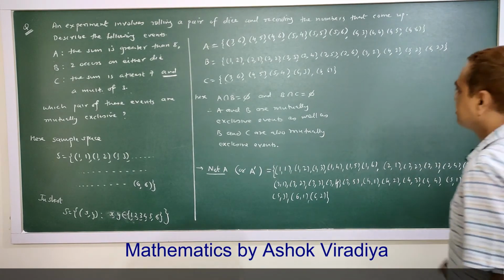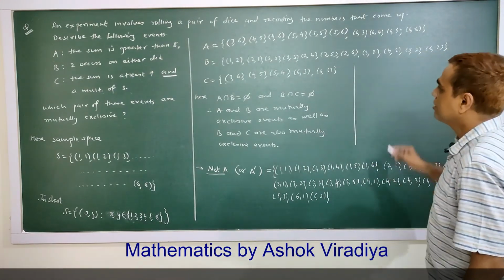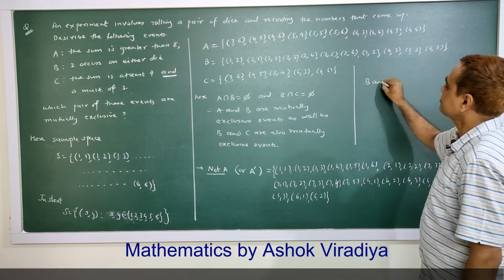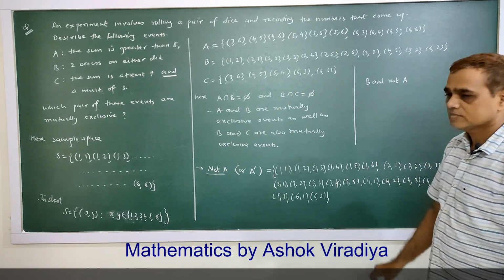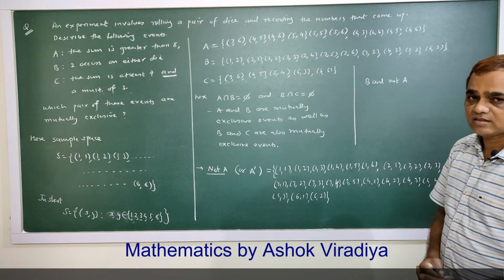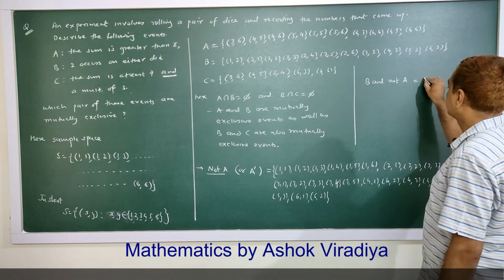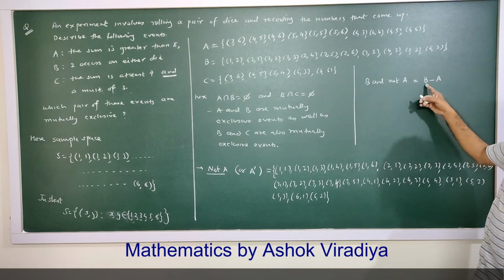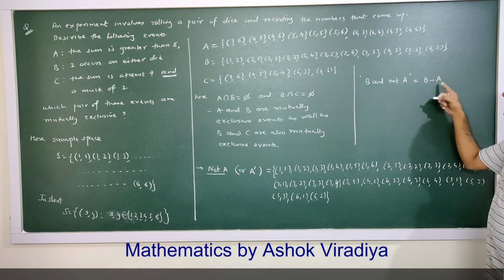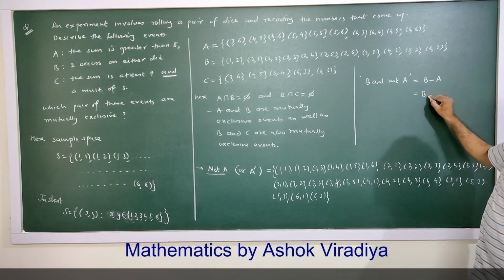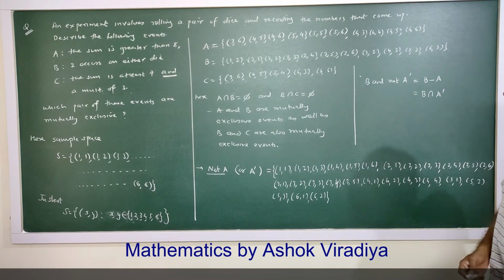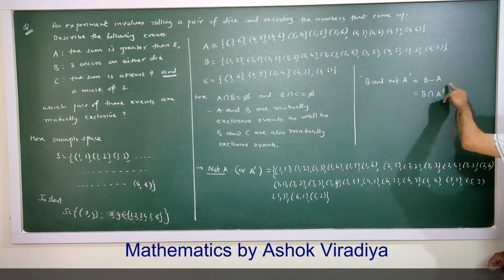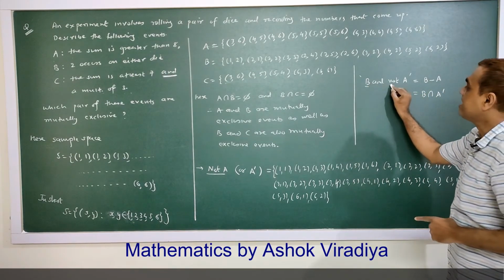If we want the event B and not A, that means it is B minus A, B and not A. So B minus A we can also write as B intersection A dash, meaning elements which are in B but not in A. Elements which are in B but not in A, that means they are in B and in A dash.